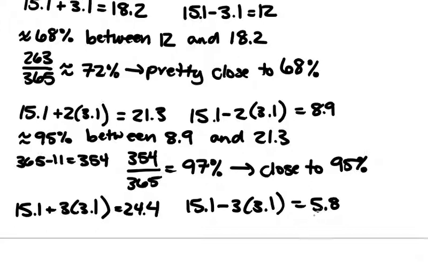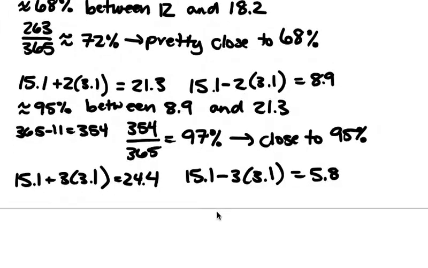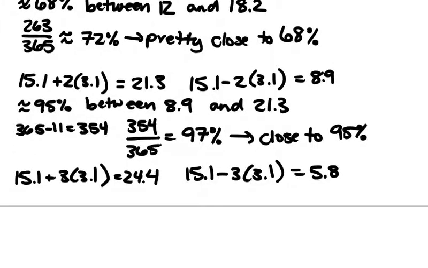So any data values that are lower than 5 or greater than 25 would be outside of that range. If I look at the data set, I don't have any values lower than 5 or greater than 25. So that tells me that all of the data is within that range.